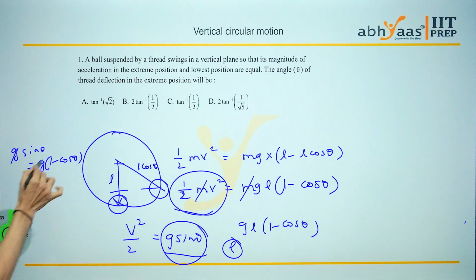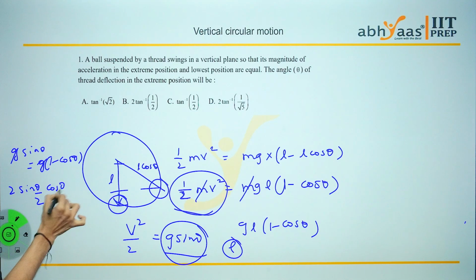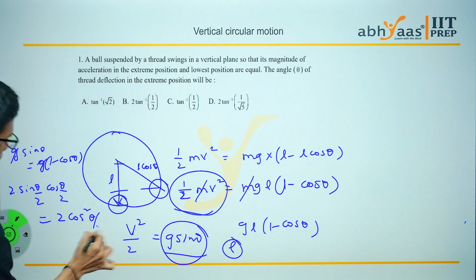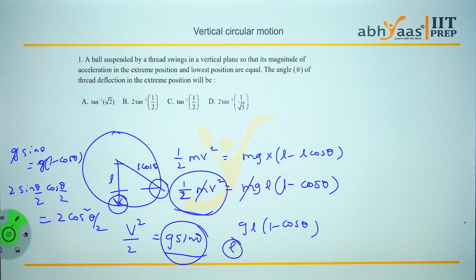Okay, g gets cancelled. Sin theta means 2 sin theta by 2 cos theta by 2, whereas 1 minus cos theta is 2 cos square theta by 2. If you take like this, 2 gets cancelled, cos square theta by 2 cancelled. What you will get?